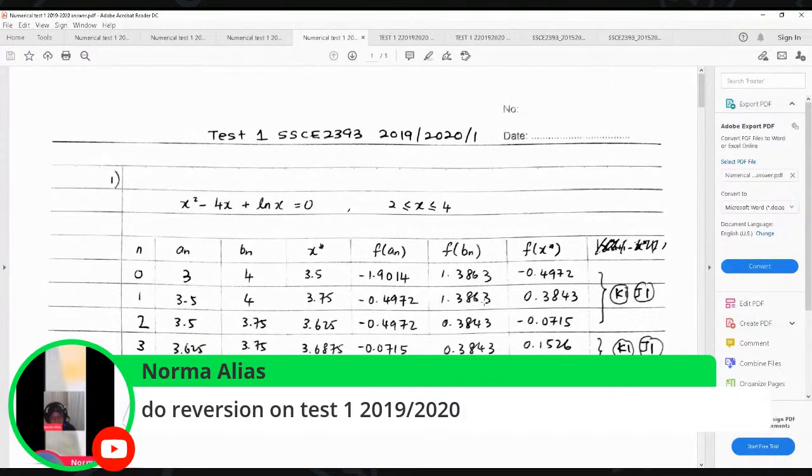So in this case, you need to find which value will produce negative. From here, you can see FA times FC is negative. So means that you need to change B for the next interval. So change B to C. Now you change B to C. C is 3.75. You change B. All right. So this is what we need to do.